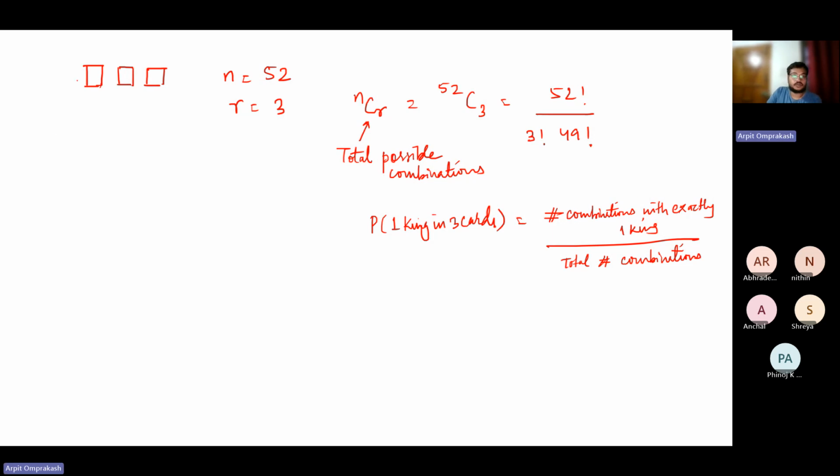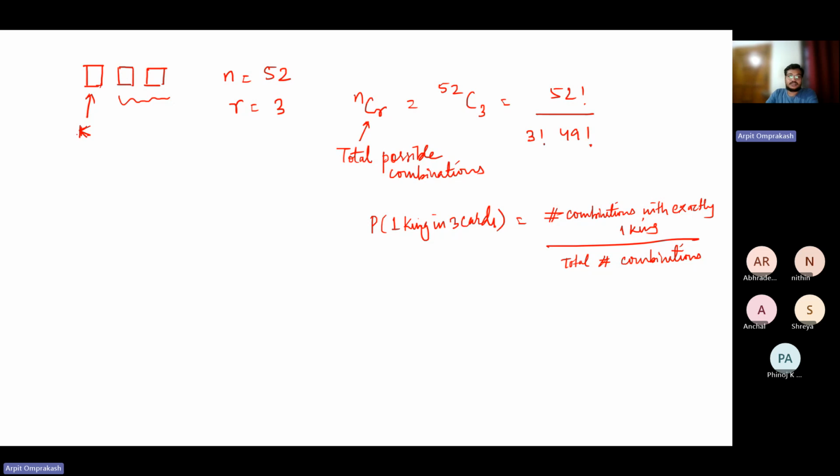Now we need to figure out what are the combinations in which exactly one king is present. One easy way to do that is to denote this card as a king. Since we are looking at combinations where there's exactly one king, in all of the cases, one of the cards is a king. So what we are actually left with is a choice for these two. These two can be anything other than kings, right?